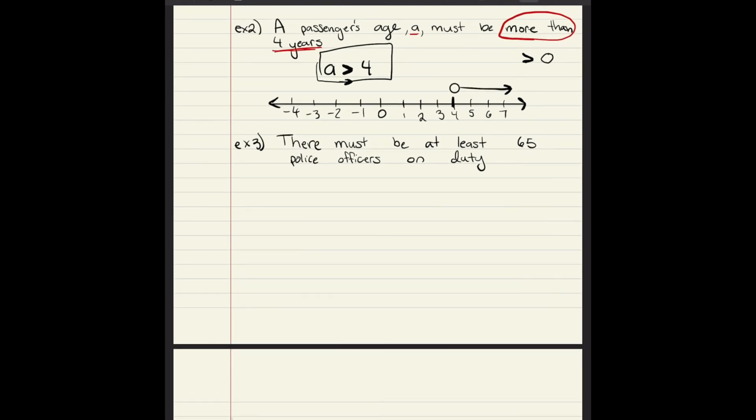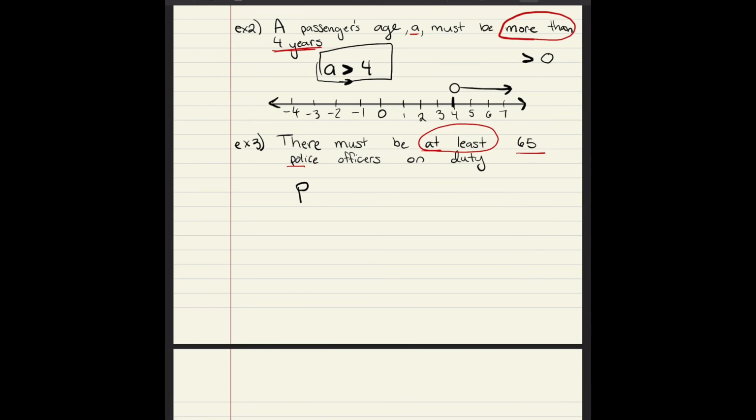In example 3, there must be at least 65 police officers on duty. So our key here is at least 65 police officers. So I'm going to use P for police officers. And at least is the same as, if I'm thinking, the minimum.